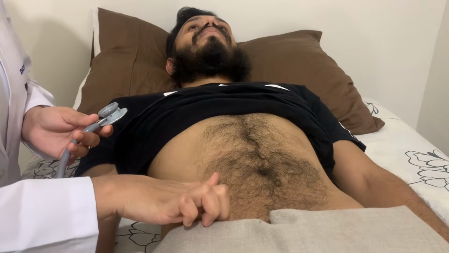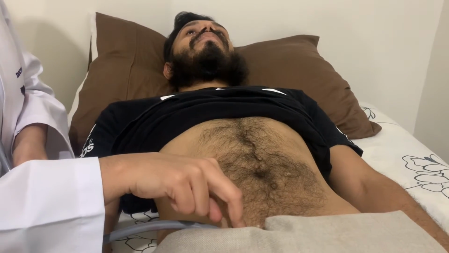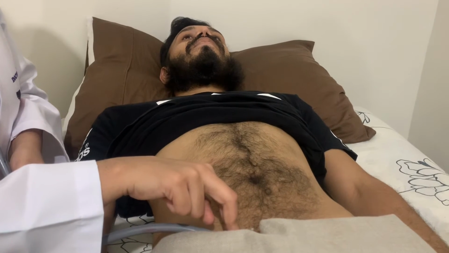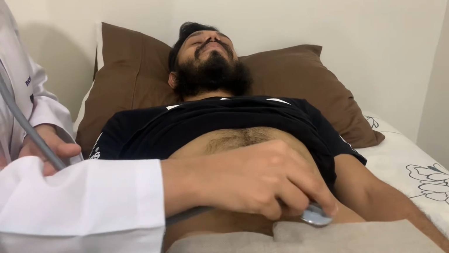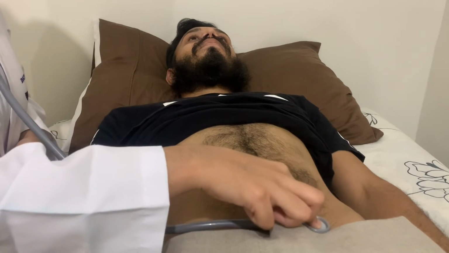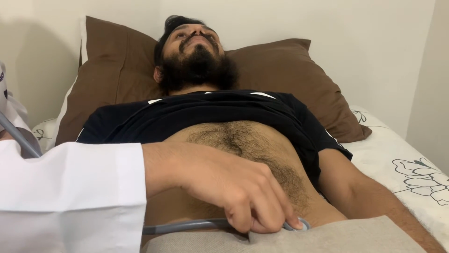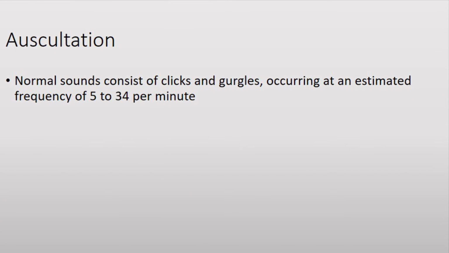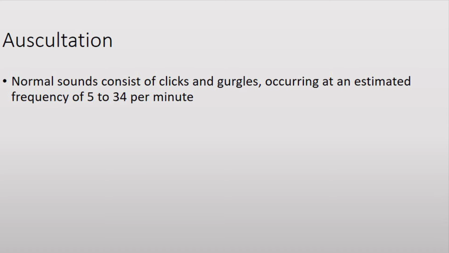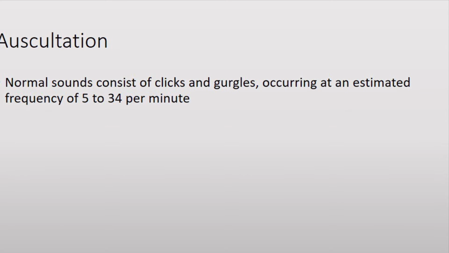Then identify and listen over the right femoral artery, and left femoral artery. Normal sounds consist of clicks and gurgles occurring at an estimated frequency of 5 to 34 per minute.